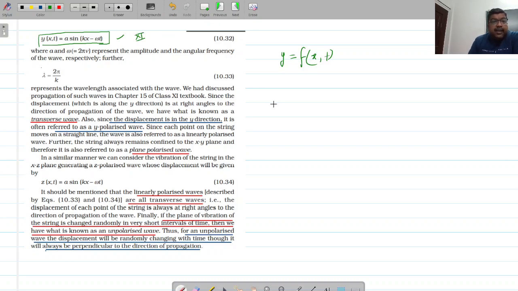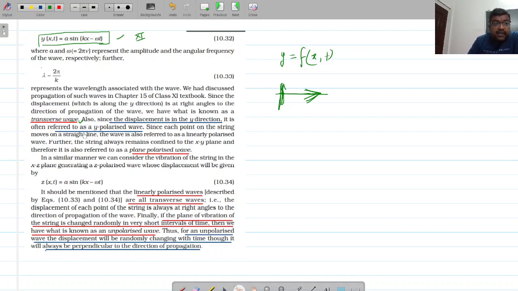Now this is a transverse wave. That is the important thing. Why is it a transverse wave? Because particles of the medium are vibrating perpendicular to the direction of propagation. So this is the direction of propagation and particles are vibrating like this. So that is what is written here. It is a transverse wave.